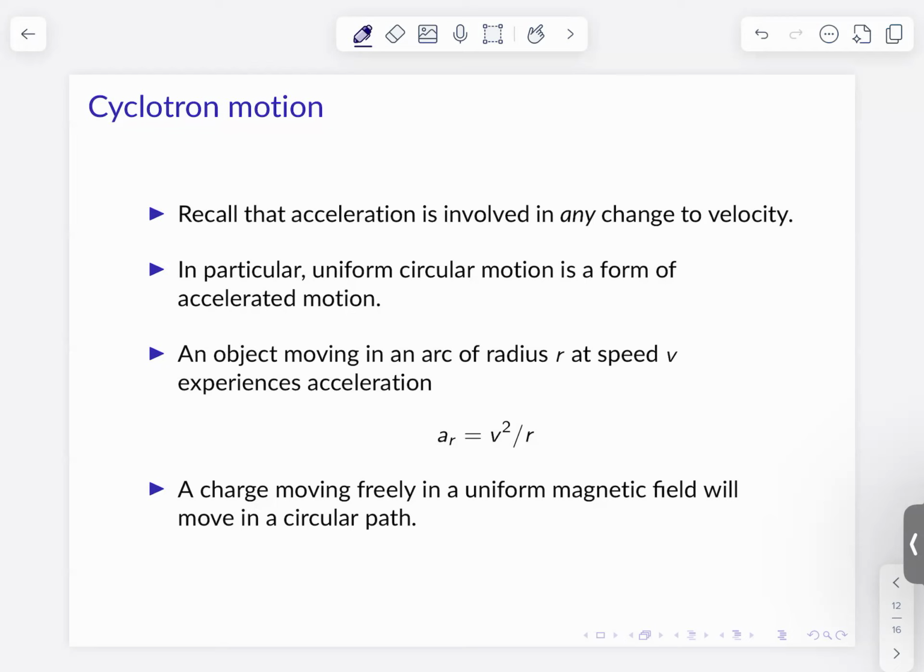Your challenge now in question N is to give me an algebraic expression for the radius of curvature of a charge moving in a magnetic field. You have v squared on r acceleration. You have F equals ma. You should remember QVB is the magnetic force. Find R.